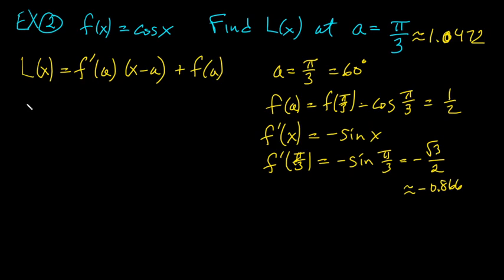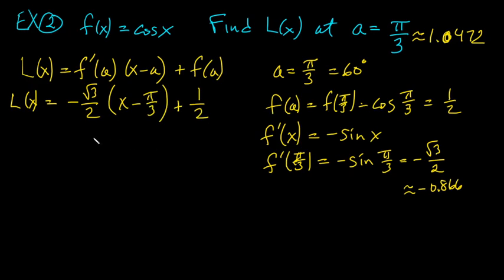All right, so L of x is just going to be f prime of pi over 3, which we said is negative square root of 3 over 2, times x minus a, being pi over 3, plus f of a, which was 1/2.